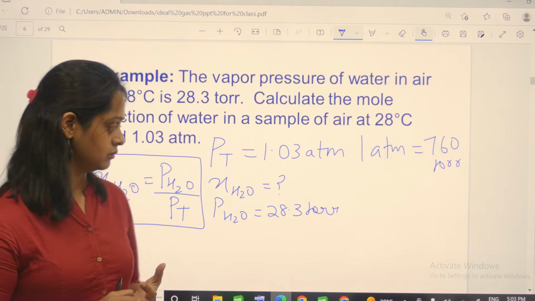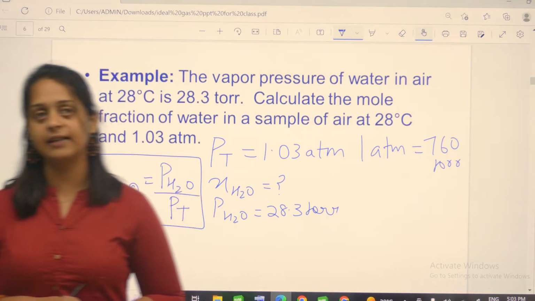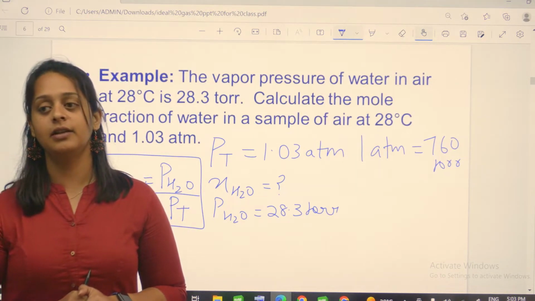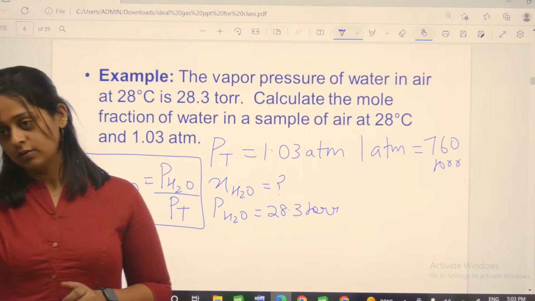Ma'am, 26.8. Can a mole fraction ever be above 1? Can it ever be above 1? 0.1.